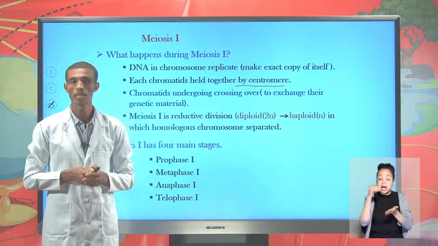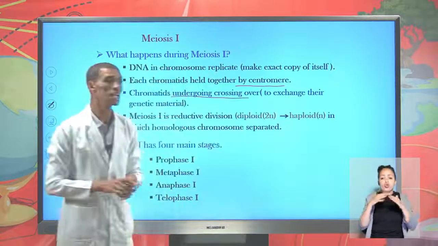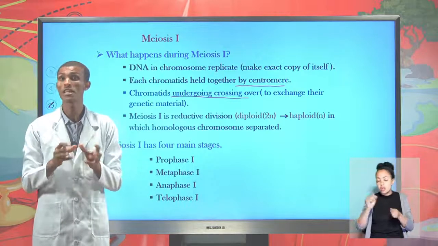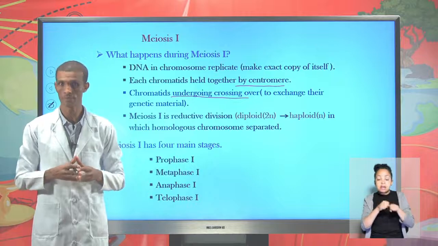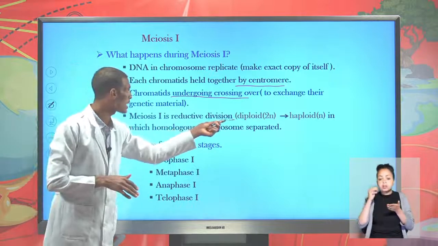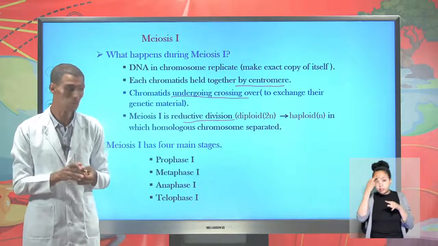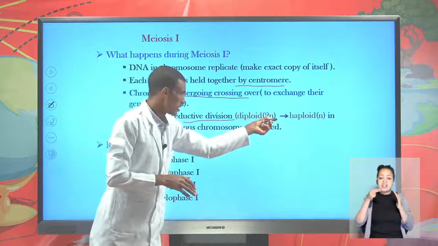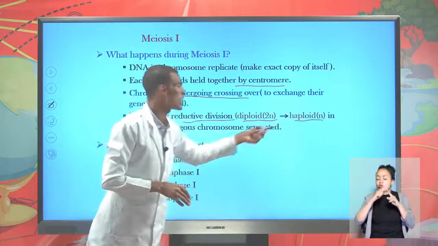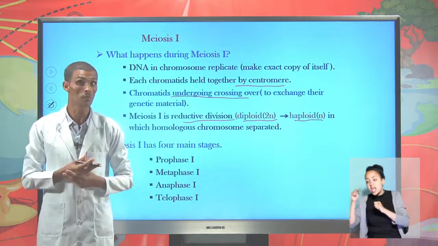Crossover takes place only during meiosis I to exchange segments of genetic material. Meiosis is also considered a reductive division because it reduces the diploid parental chromosome number, 2N, into the haploid number, N.